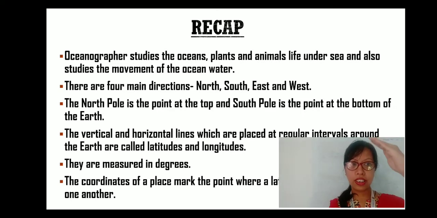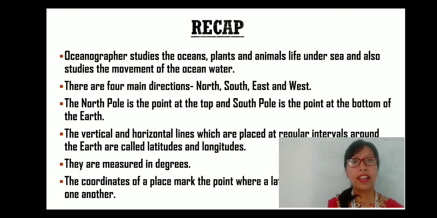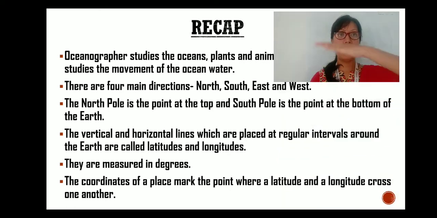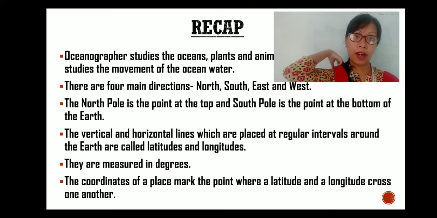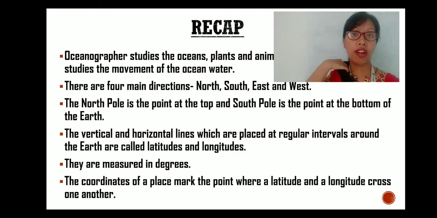The north pole is at the top and the south pole is at the bottom of the earth. Then we have the vertical and horizontal lines, which are placed at regular intervals around the earth and are called latitudes and longitudes. So they are measured in degrees.